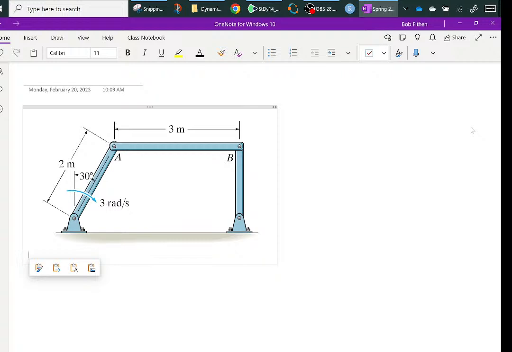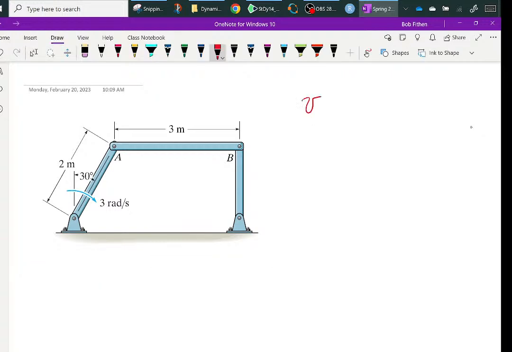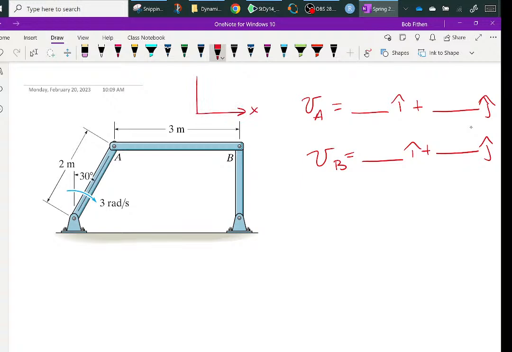What I'm going to end up finding is the velocity of point A equals something I plus something J, and the velocity of point B equals something I plus something J. Here's my X and Y. The first thing is the relative equations.